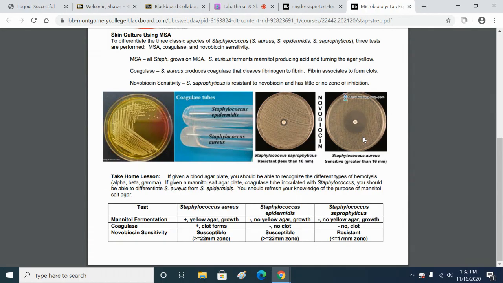So if you had Staph aureus, your MSA plate would be turning yellow. You would have a clot in your coagulase tube, and your organism would be susceptible, right, to the novobiocin. But like I said, most students have no yellow agar, so they would use the other bacteria growing on their plate. And so they would normally see a negative coagulase result, as well as a susceptible organism.